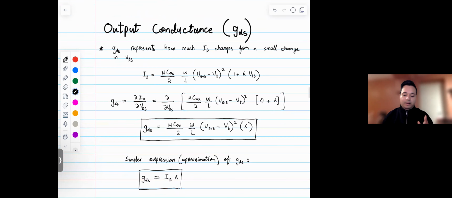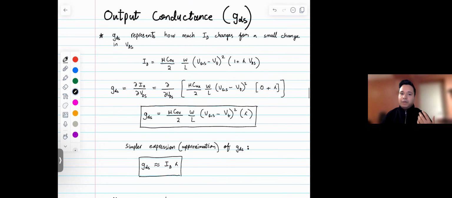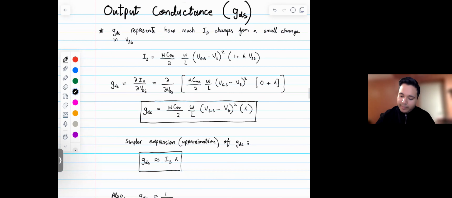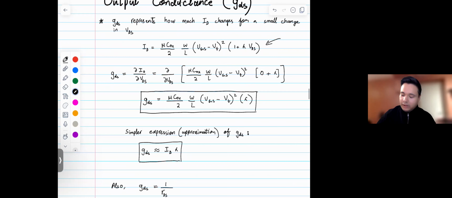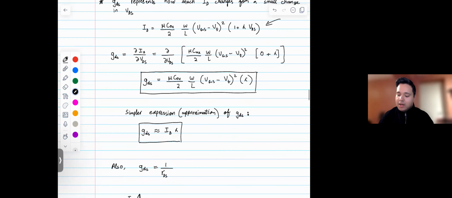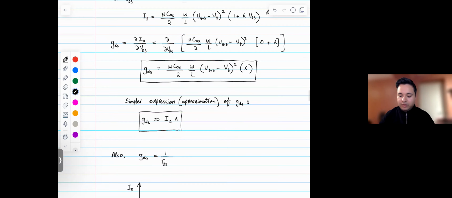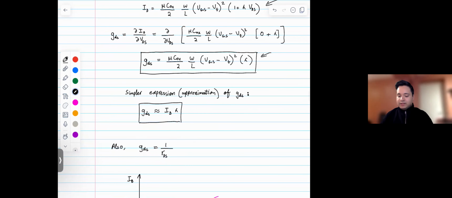If you change the VDS a little bit, how much does the drain current change? It's the same concept, but this time we're not doing ID versus VGS. For GDS, we are doing ID versus VDS. So same idea, we take the saturation equation for the transistor and take the derivative with respect to VDS, and we get this expression that's boxed in.